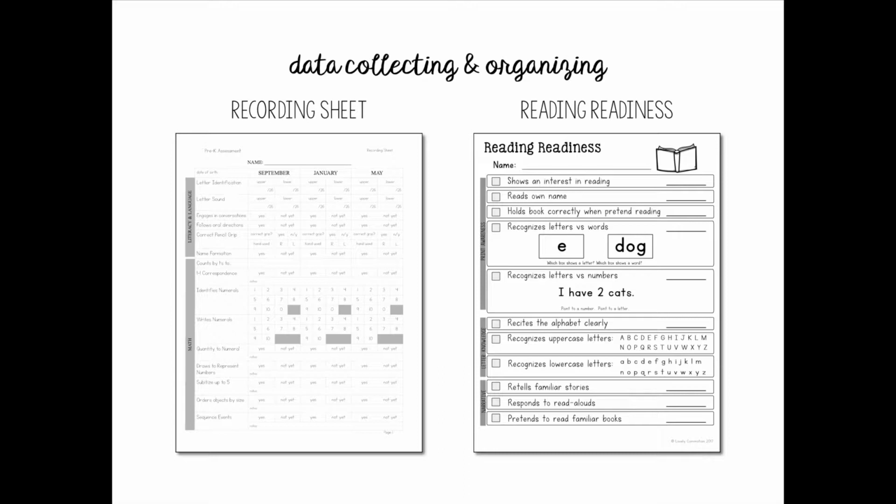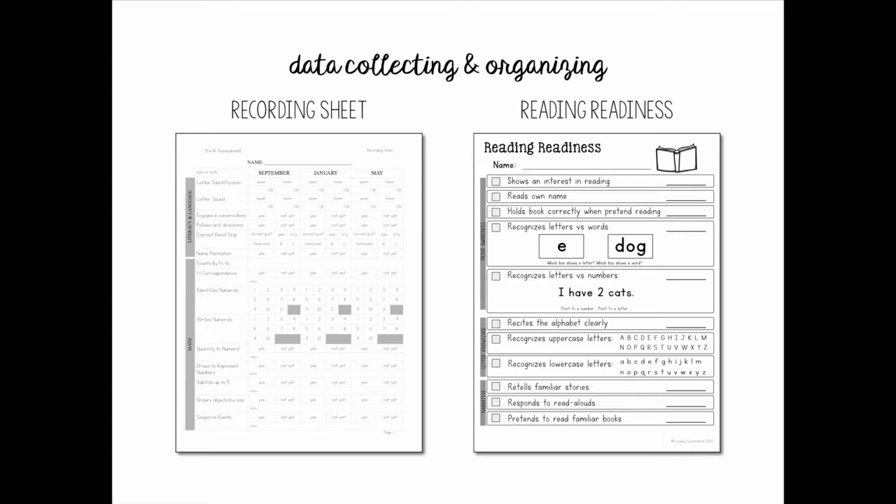On the right side is the reading readiness assessment. And it's more of a checklist. I really found that in literacy and language arts and pre-reading there were so many different skills that I wanted to look for and observe that they wouldn't just all go on the recording sheet. And so I made a special checklist that helps me go through.